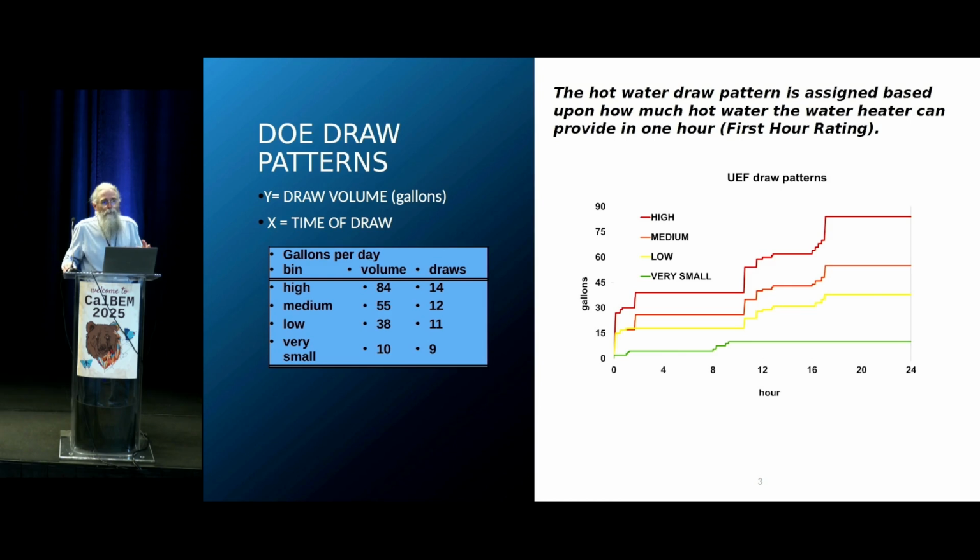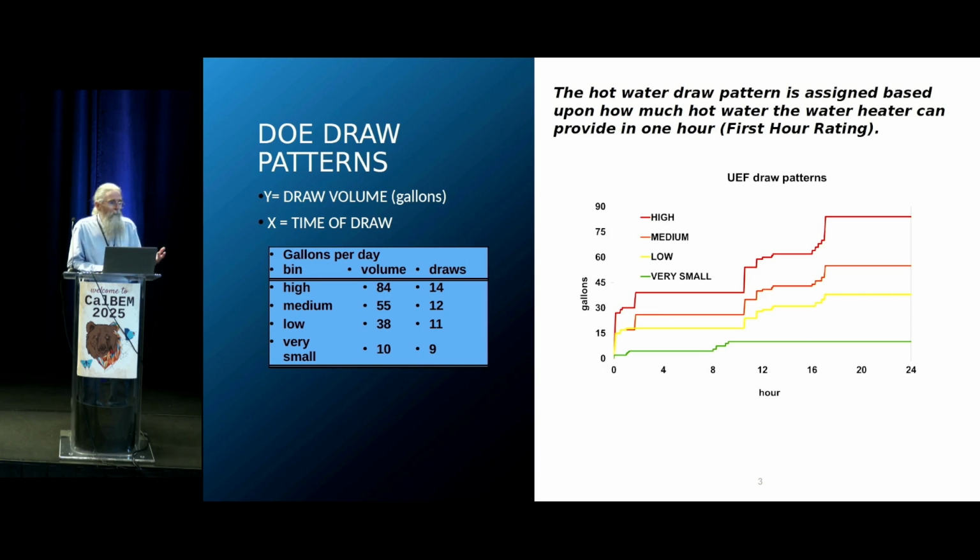What Neal didn't say is you get a different draw pattern. There are 4 different draw patterns. You have to test your water heater on a different draw pattern depending on what its first hour rating is. And that's because it captures the water use, how heavy the use is.